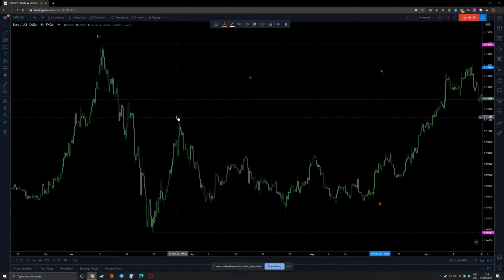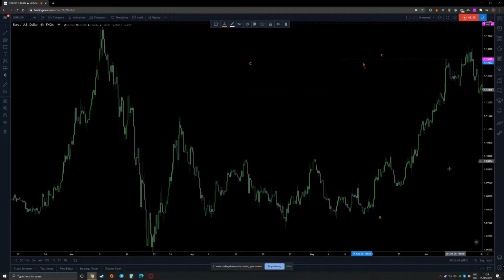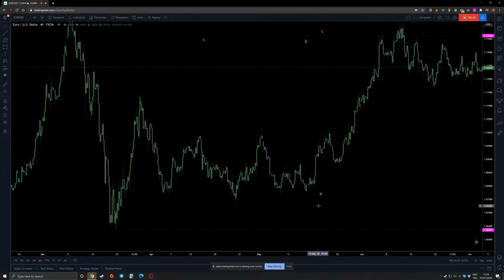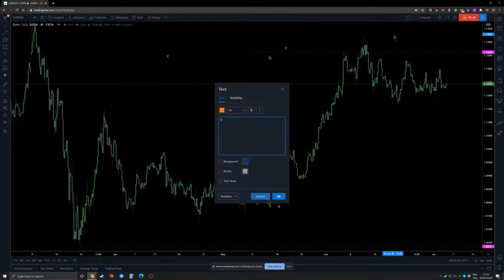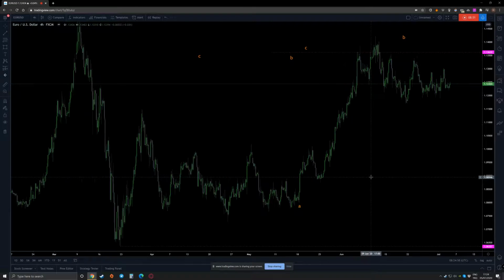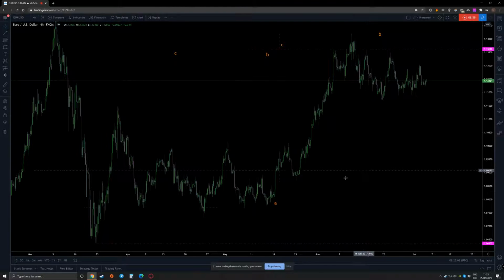Okay, now that changes things. Now if this is a wave A, then whatever you're trading here is a B wave. Okay, now that is a difference too. Why?